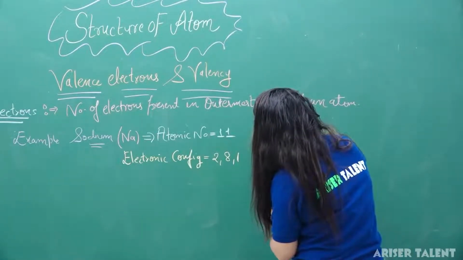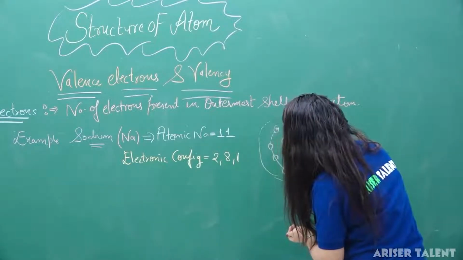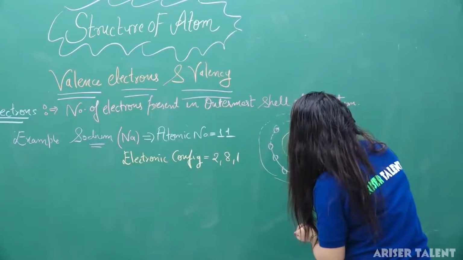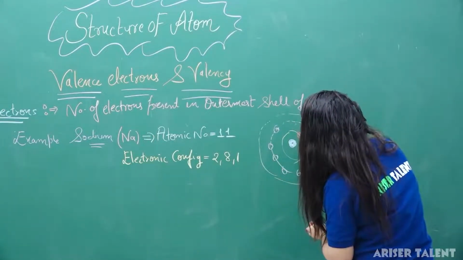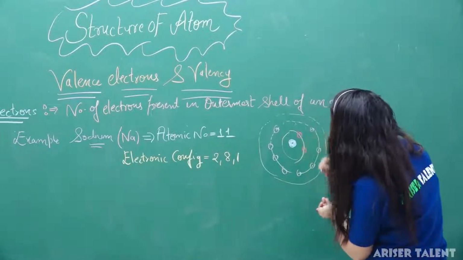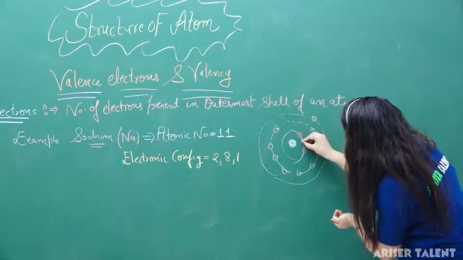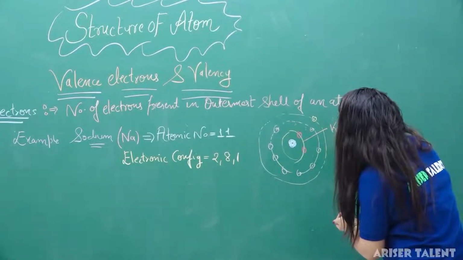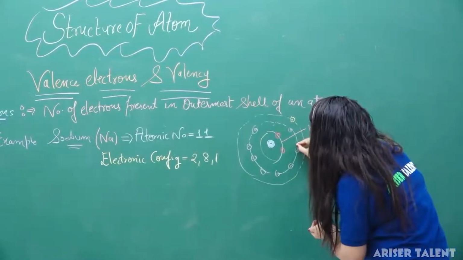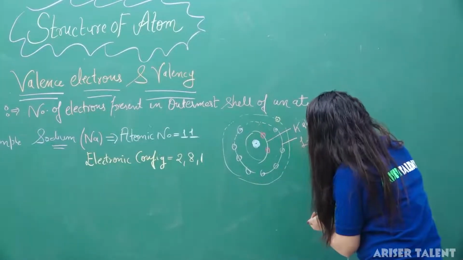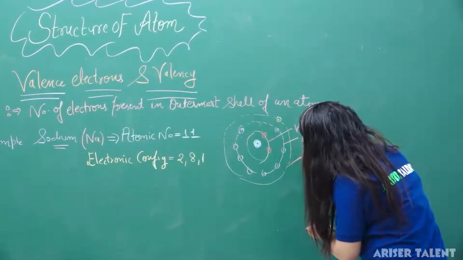8 electrons in the L shell and we have 1 electron in the M shell. So, this is our K shell, this is our L shell and this is our M shell.